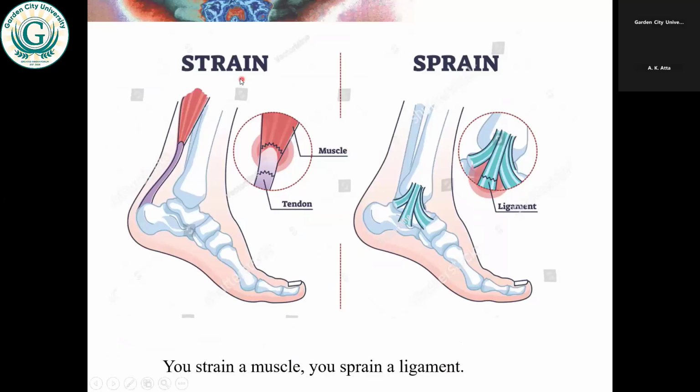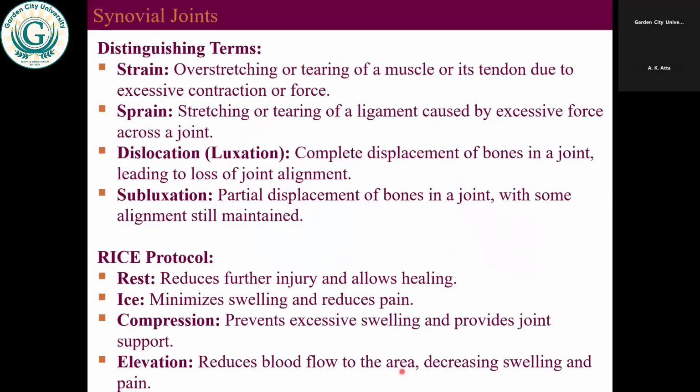So a strain has to do with a stretching or tear in the muscle or a tendon. A sprain has to do with a ligament. So you strain a muscle, you sprain a ligament. Okay. And of course, you know the RICE protocol.